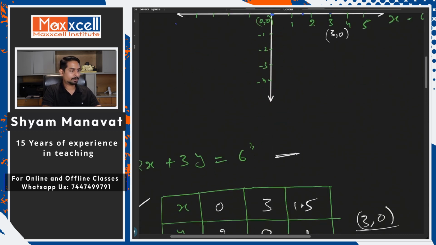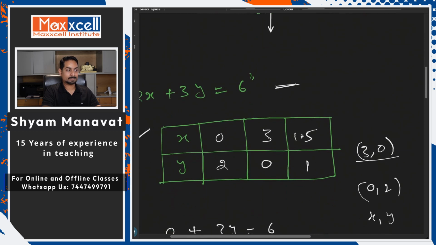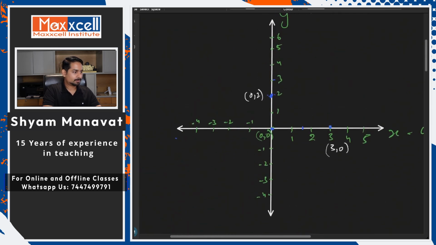If you extend this to find a common point, here you will get a common point. Okay, let me take off these dotted lines so that you will not have any confusion. So this is your 1.5 on x and 1 on y, the third point.